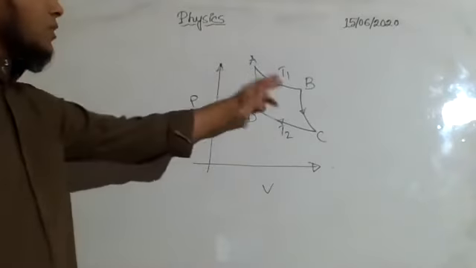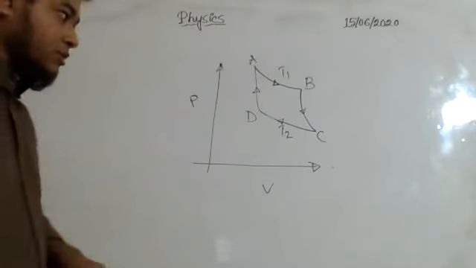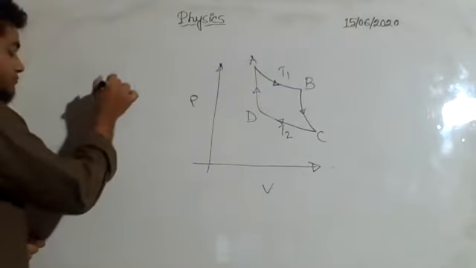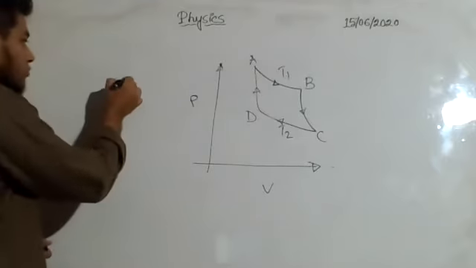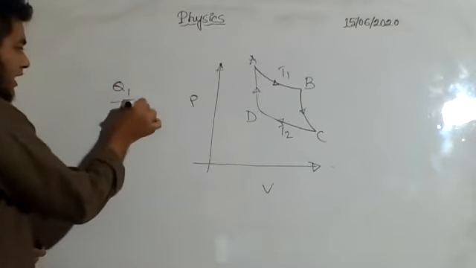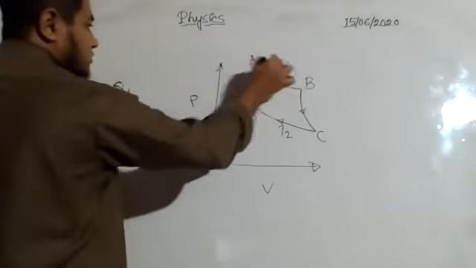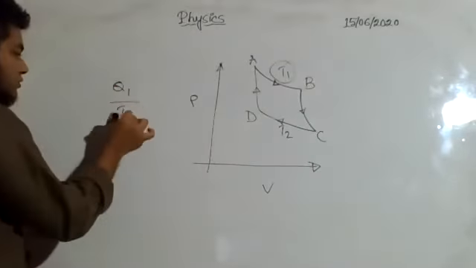So along AB, what is the change of entropy? Let us say I supply Q1 amount of heat, and the temperature here I have kept constant as T1. So Q1 by T1, this is the change of entropy along the isothermal process AB.